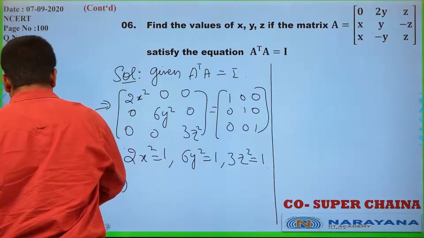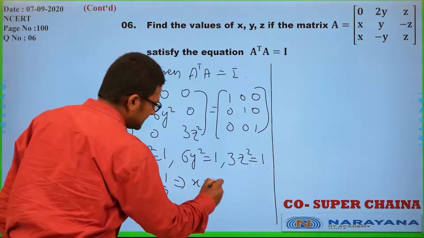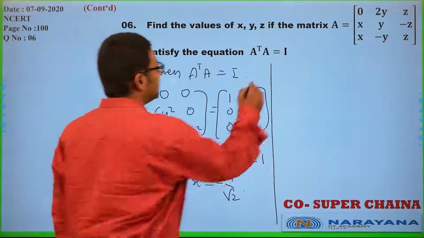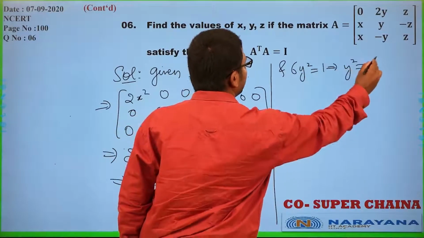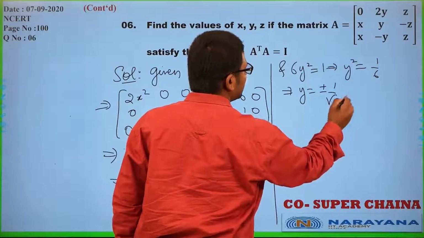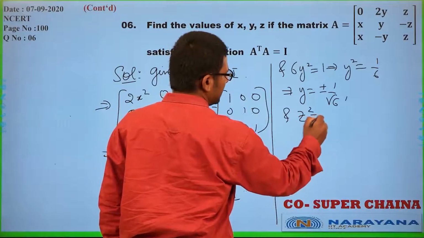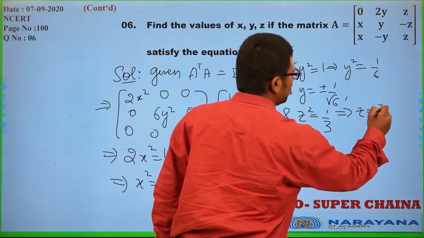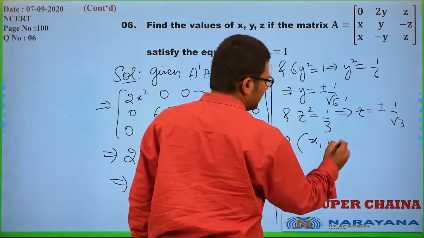So x square is half, which means x is plus minus 1 by root 2, correct? Then 6y square is 1, which means y square is 1 by 6, which means y is plus minus 1 by root 6. And similarly here, z square is 1 by 3, which means z is plus minus 1 by root 3, right?